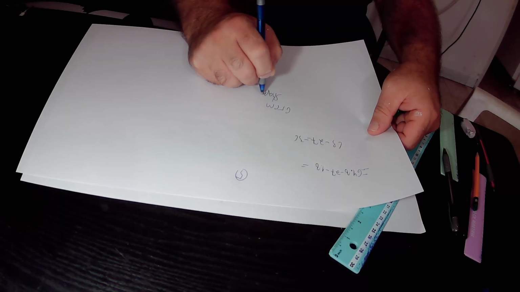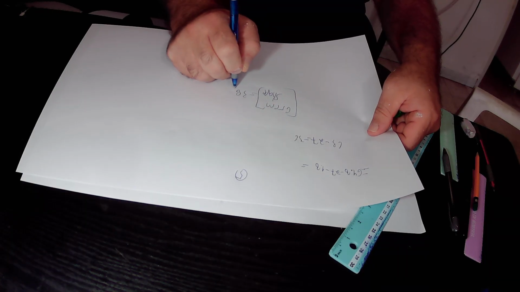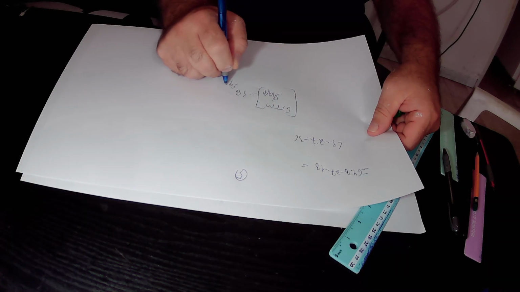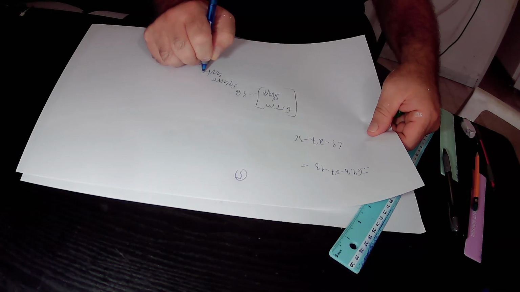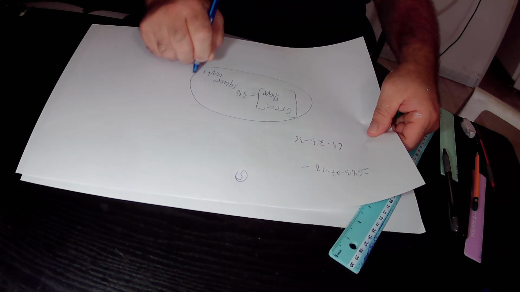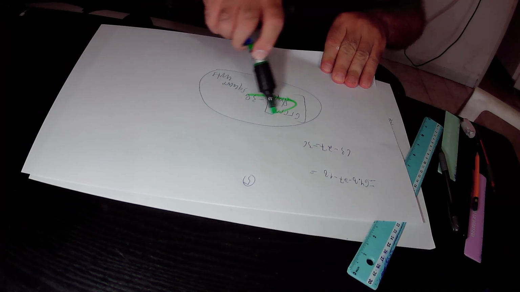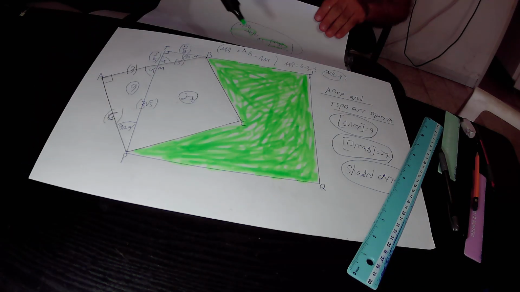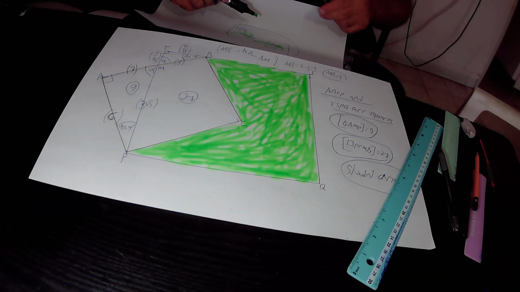The area of the green shape equals 36 square units. So in the next step, I will summarize the lecture.